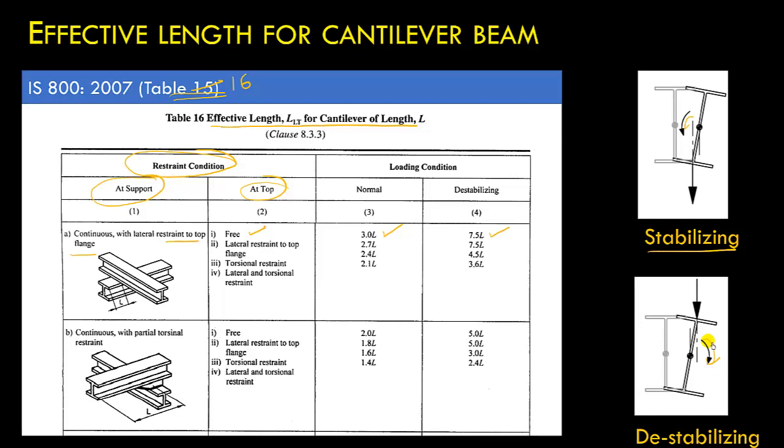Basically, IS 800 also gives an expression for the critical moment for lateral torsional buckling. So this is the expression for MCR that is given in clause 8.3 of the code. Now this expression is the elastic lateral torsional buckling moment in case of simply supported prismatic members with symmetric cross section.